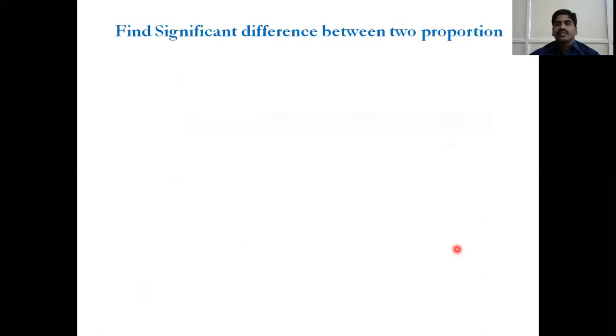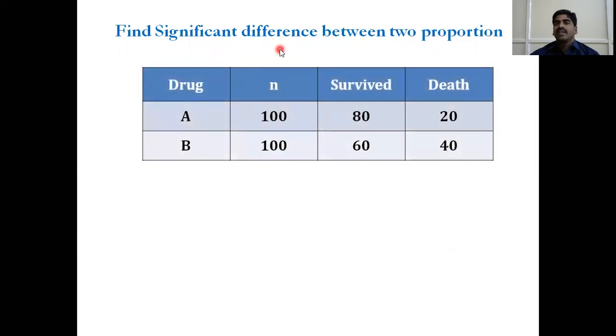See here, find significant difference between two proportions. Here, two different drugs are there. Consider B is the existing drug and A is the new drug. This is the experiment.